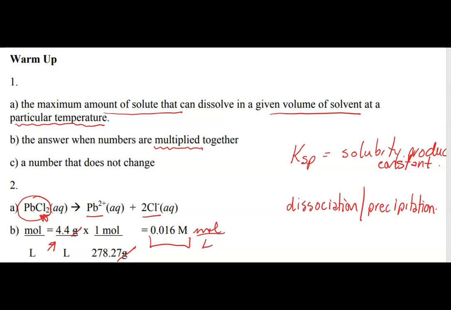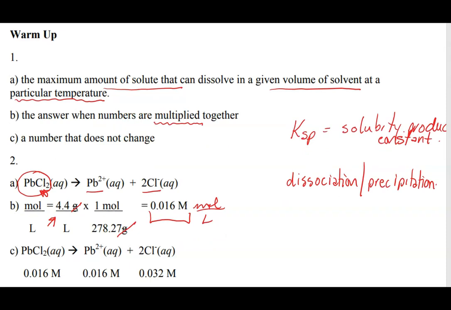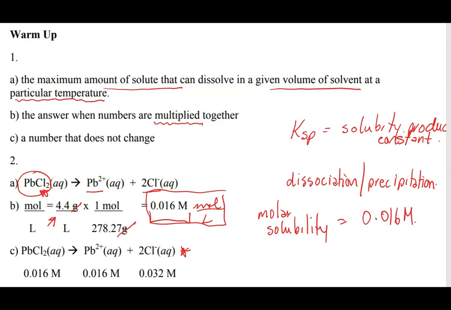The last question says, calculate the concentration of each ion in a saturated solution of lead(II) chloride. So again, going from the balanced chemical equation here, we've calculated the molar solubility of lead chloride, right? So molar solubility of lead chloride is equal to 0.016 moles per liter.